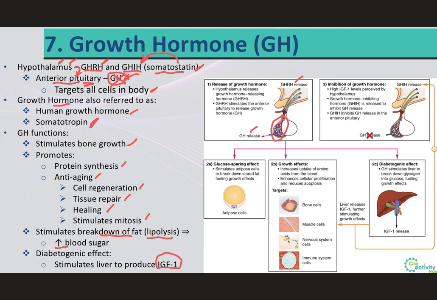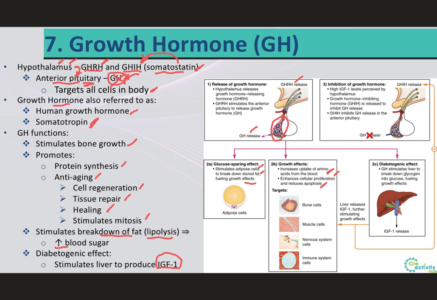So first, it will stimulate the adipose cells to break down stored fat, and this will fuel the growth effect as it will give the body more energy. Growth hormone will also be important for promoting protein synthesis by increasing the uptake of amino acids from the blood. This will also help with cellular proliferation and also the reduction of apoptosis, which is the programmed cell death.